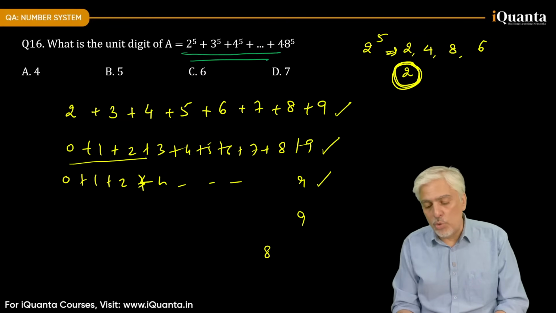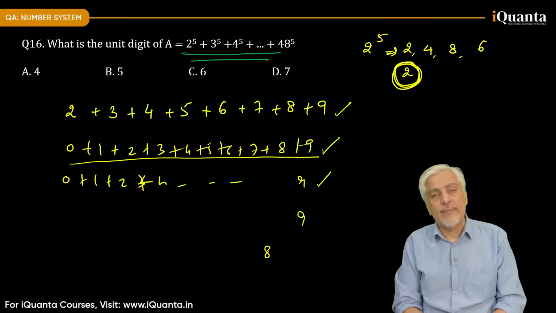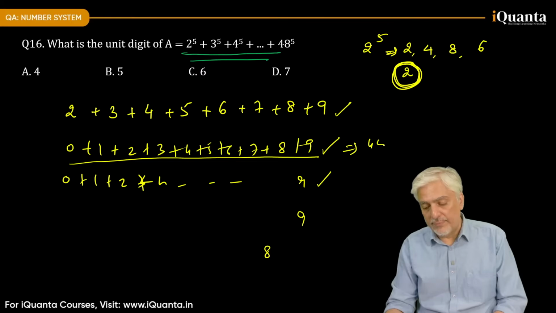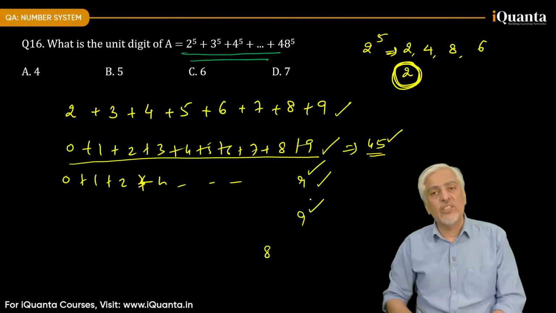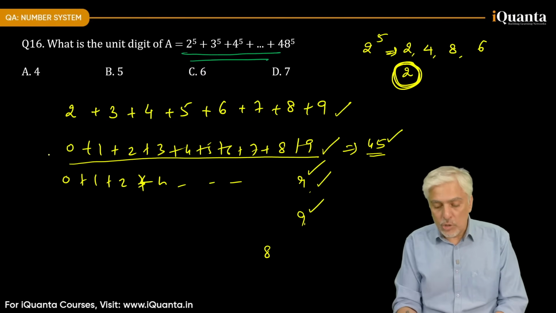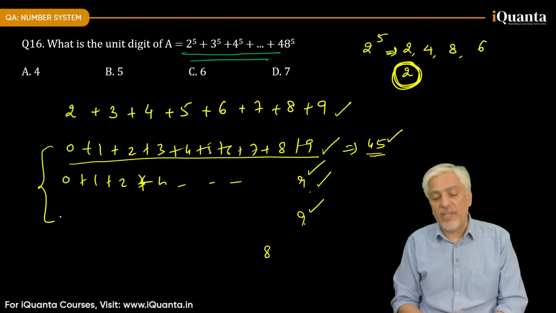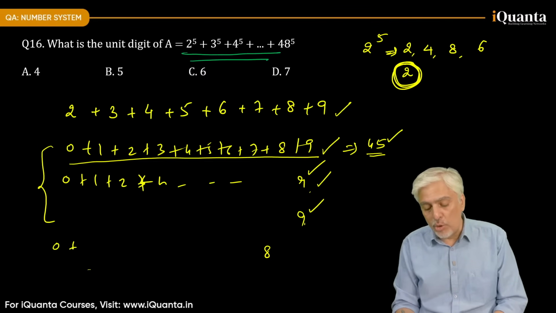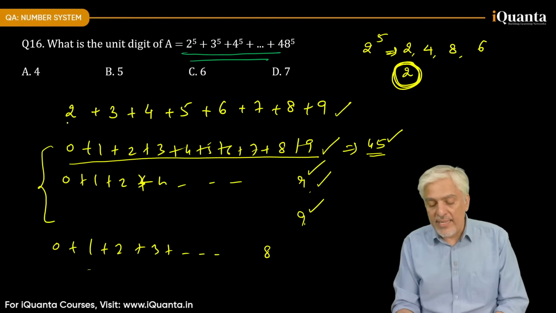जैसे 1 plus 2 plus 3 plus 9 up to 9 is how much? 45. इसका टोटल है 45. 45 यानी लास्ट डिजिट 5, इसका भी लास्ट डिजिट 5, इसका भी लास्ट डिजिट 5. 5 plus 5 plus 5 अगेन लास्ट डिजिट 5. सो ये तीनों का मिला के लास्ट डिजिट 5. इधर फ्रॉम 0 to 8 we have, and here we don't have 1.